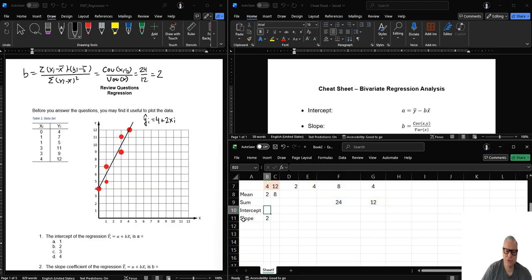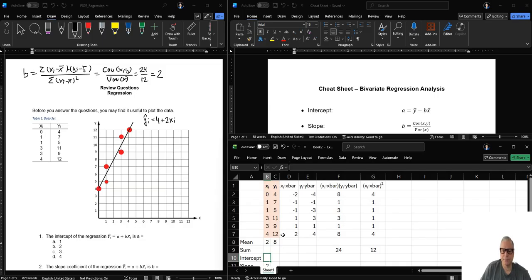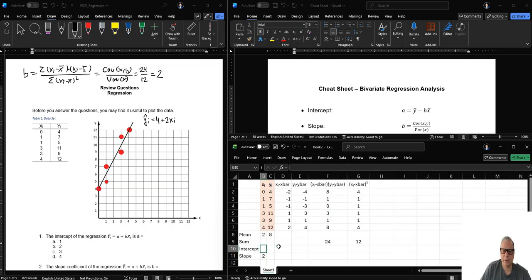And now the intercept, that is, we can look to our cheat sheet, y bar minus b x bar, so that is equal to the 8 minus the slope times the mean of x, and that is indeed 4.